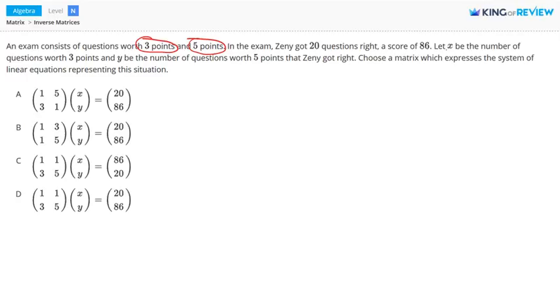So again, we're going to let X equal the number of questions worth 3 points and Y equal the number of questions worth 5 points. The first step here is to set up our two equations that will be in our system. We know that Zinni got a total of 20 questions right.